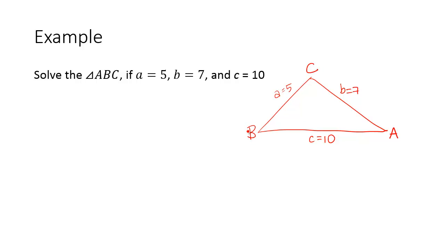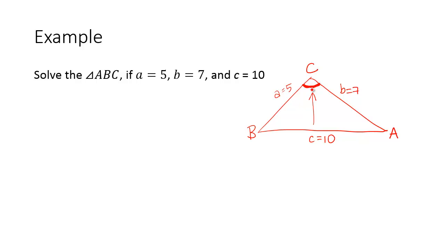And so therefore we need to use the cos law. It's always a last resort. The sine law is actually easier to use, but sometimes you need to use the cos law. So let's start with the largest angle first. The largest angle will be across from the largest side, which is C. So let's go with that side.